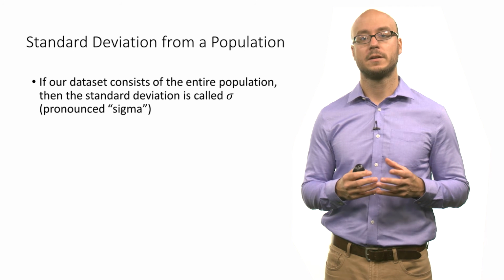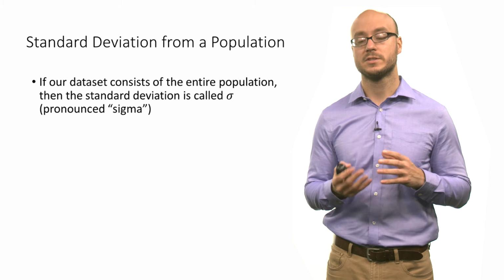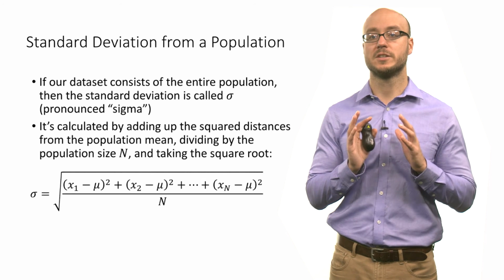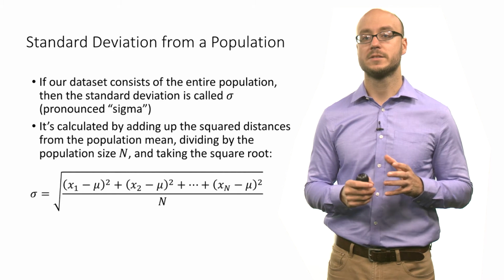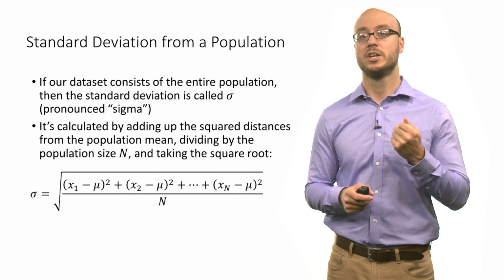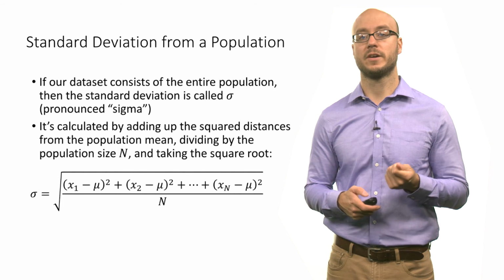Just to be clear, when we talk about the standard deviation from a population or sample, it also differs. The formulas look the same. All we're doing is taking the square root of the variance. So for population standard deviation, you take the square root of the population variance.